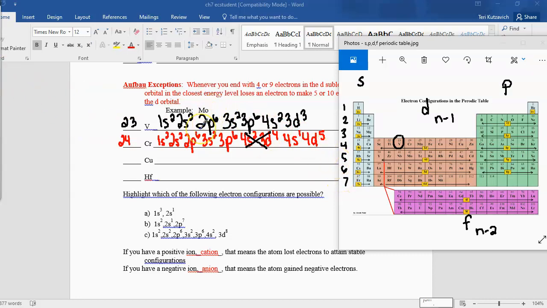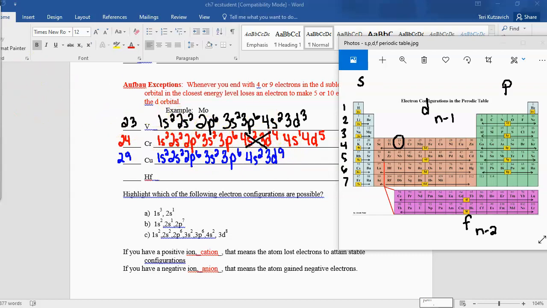Copper is 29 electrons. So this is a 1s2, a 2s2, a 2p6, a 3s2, a 3p6, a 4s2, a 3d9. Let's add them up. 10 plus 10 plus 9 is 29, but then I see that I have a D9 here.